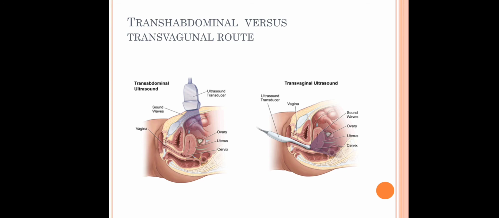Look here, we will show you this image, which will show us the difference. Here is the view: on the left side is abdominal, on the right side transvaginal, introduced through the vagina.